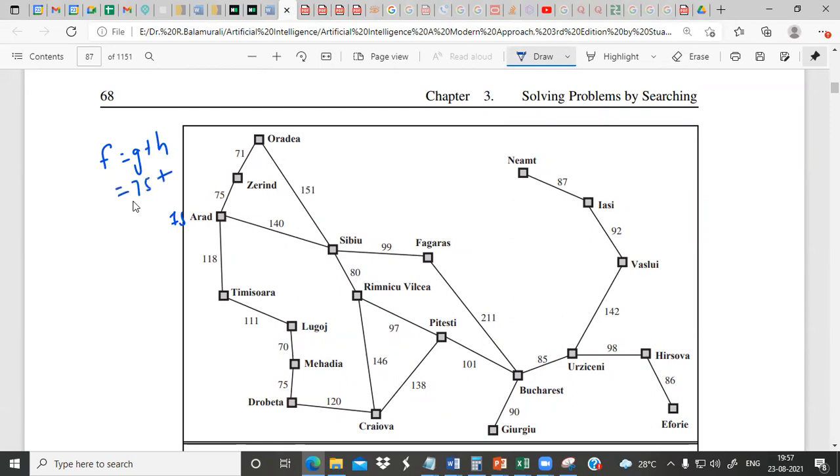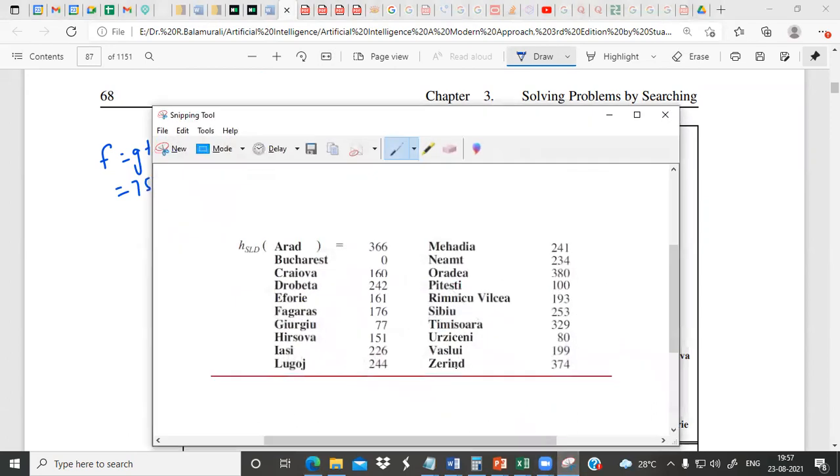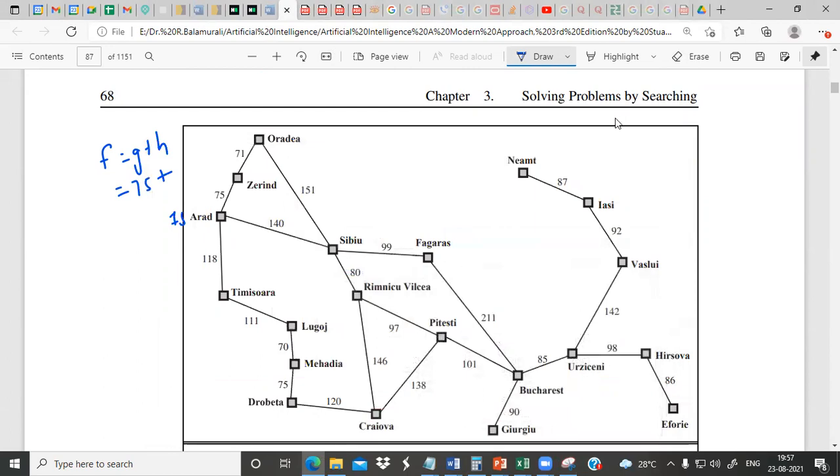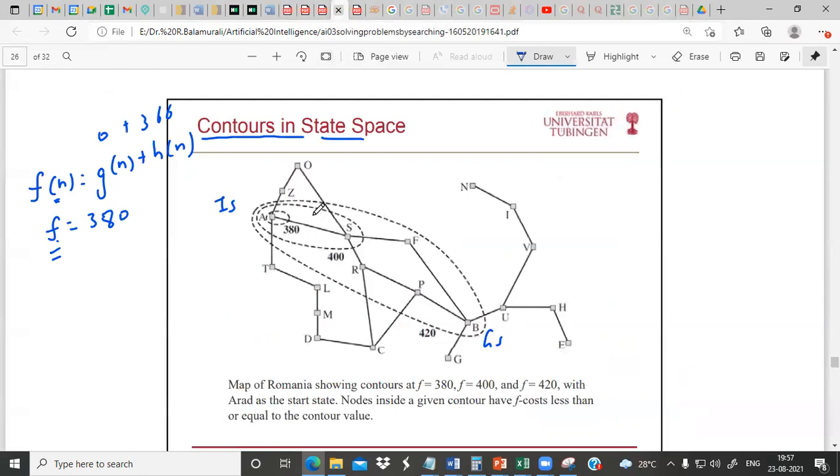H is the heuristic cost of reaching Bucharest from Zerind, which is 374. So 374 plus 75 is 449. This 449 is greater than 380, so Zerind cannot be included.